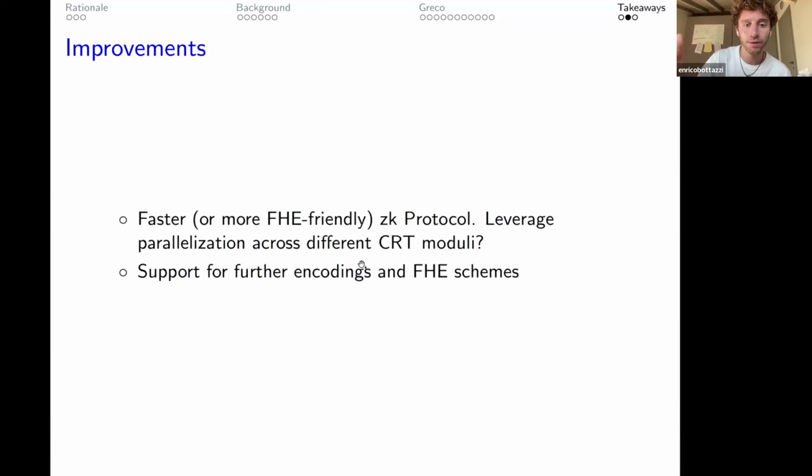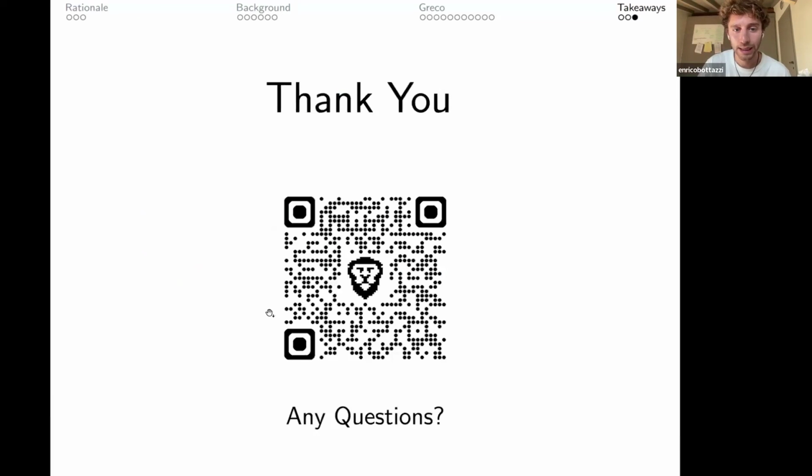We are also really open to contributions from the community. And this is the link to the GitHub implementation, which also contains the link to the paper itself. And yeah, I'm happy to take any questions of any kind that you might have.